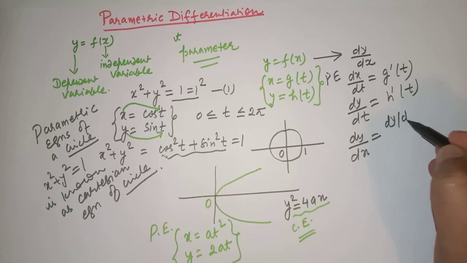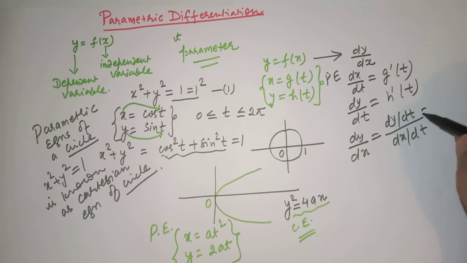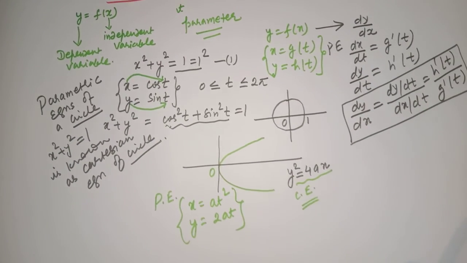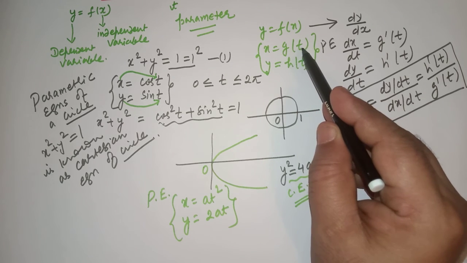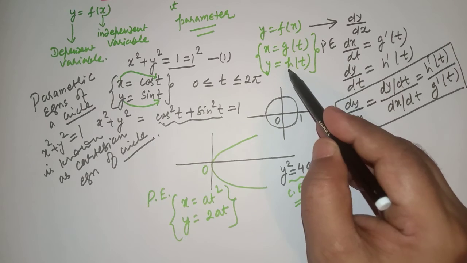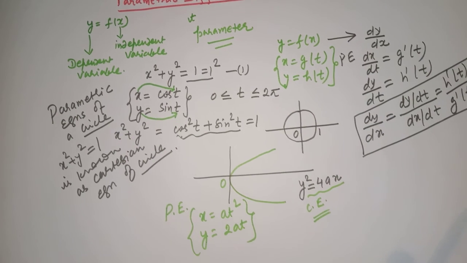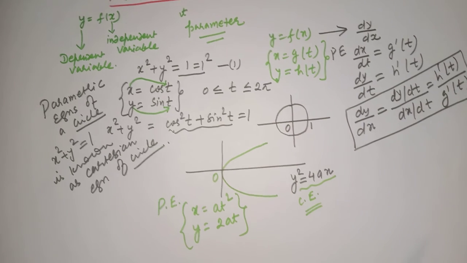That is, we'll write dy by dt over dx by dt, or we can say h prime of t over g prime of t. So this is the rule to find the derivative of y with respect to x when x is given as a function of t and y is also given as a function of t, where t is known as a parameter. So let us illustrate by taking some simple examples.